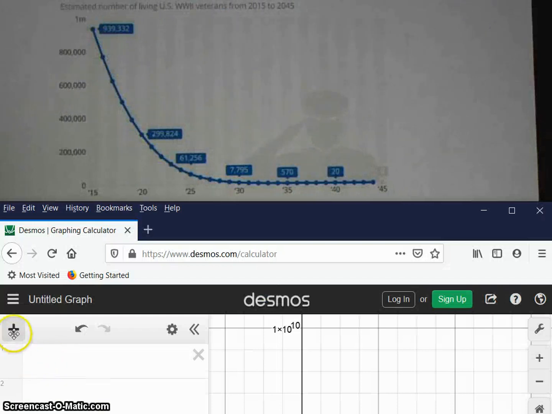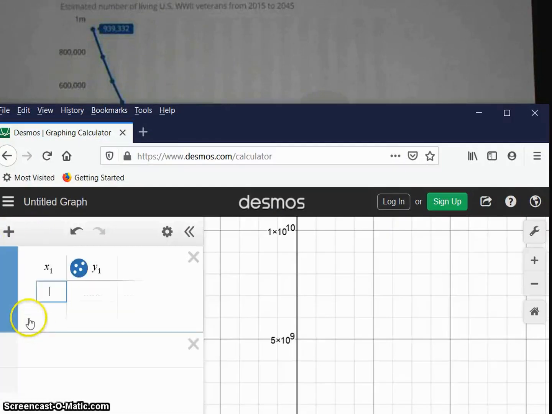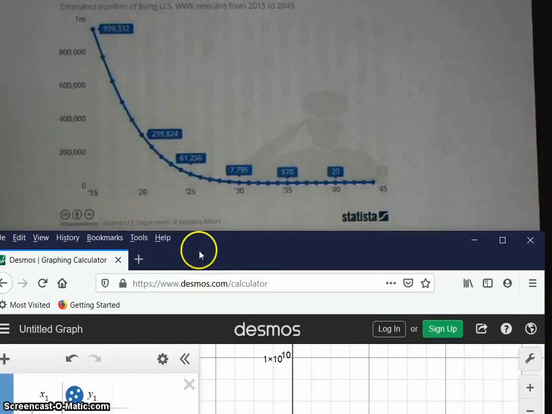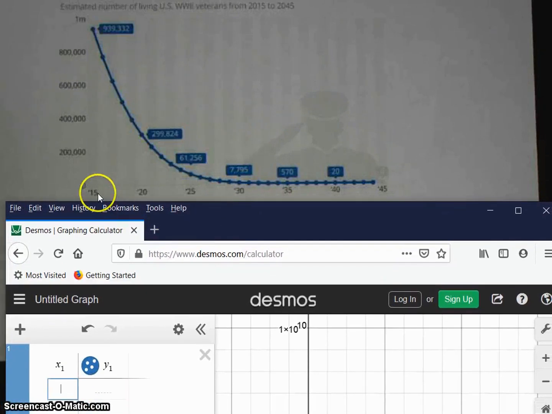This time I have to build this table by hand. So I guess I need Desmos a little bit higher to see. Build a table. And then I'll call this year 15, I guess. So I'll have 15, and that number is 939,332, I think.